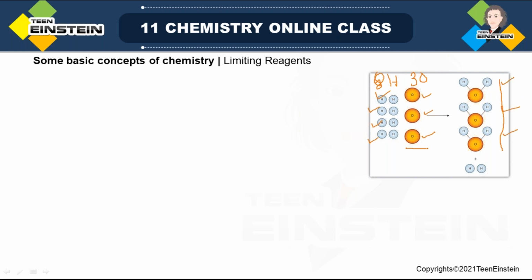So all the 3 oxygen atoms are consumed. But for formation of 3 moles of water, you just need 6 hydrogen, and you have 8 hydrogen. So 2 hydrogen atoms are still extra. So here what is the limiting reagent? Here the limiting reagent, LR, is oxygen and the excess reagent, ER, is hydrogen.